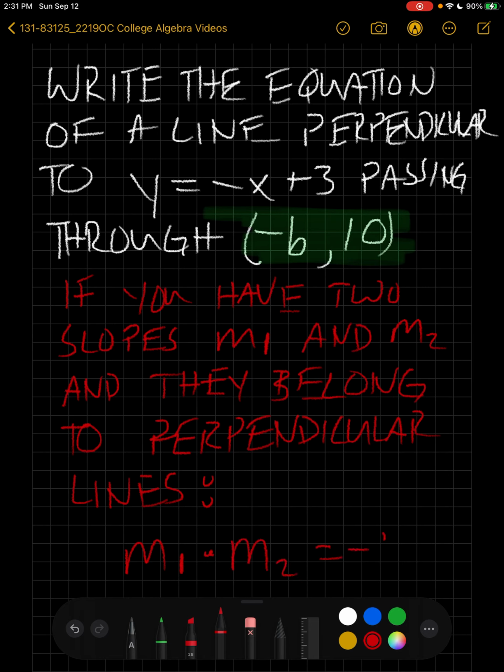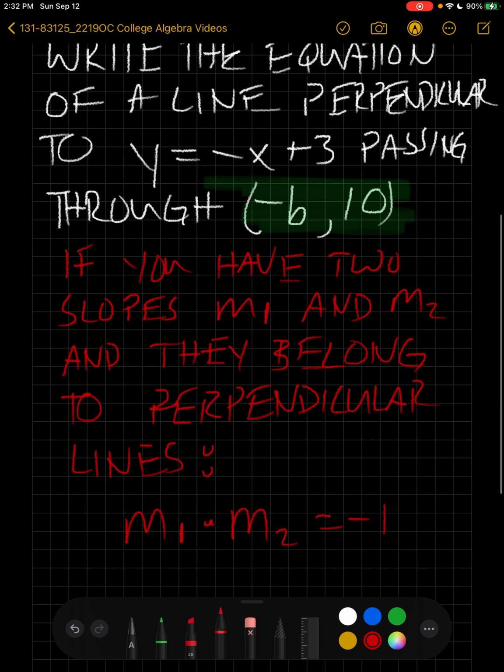M1 multiplied by M2 will always equal negative 1. Well, okay, check this out.